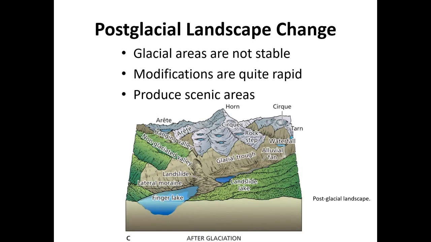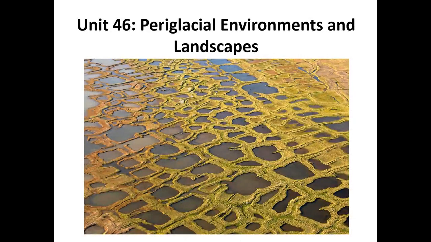One of the more interesting landscapes is the periglacial environments. These are basically environments that are not on glaciers, but nearby glaciers, usually in tundras and very northern parts of boreal forests. They have lots of unique landscapes and so on. This particular picture is a summer Arctic scene in the coastal plains of Alaska.